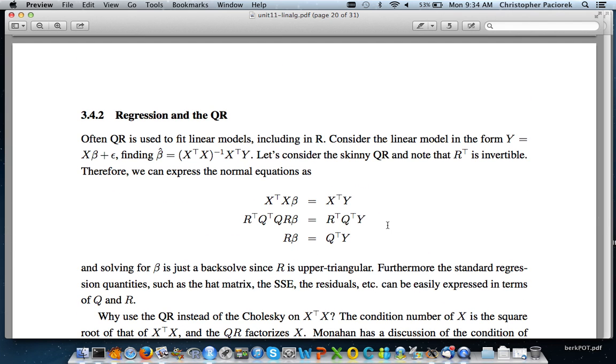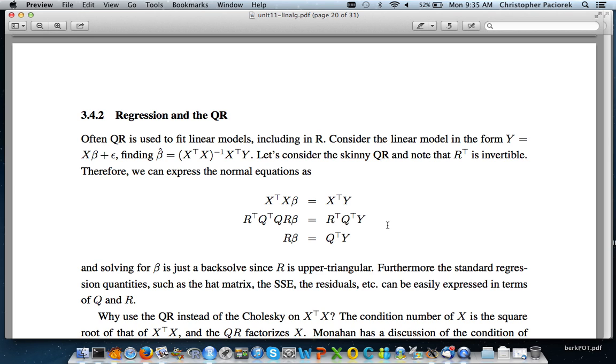So if we skip ahead for a second and think about what happens when we do regression, well, we're trying to solve this system of equations. We've got this matrix multiplied by the beta that we're looking for, and the result of doing that matrix vector multiplication is X transpose Y. So we're trying to find X transpose X inverse X transpose Y. If we write it out like this and start replacing the X's with the QR factorization, we get this on this side. Again, the Q transpose Q disappears.